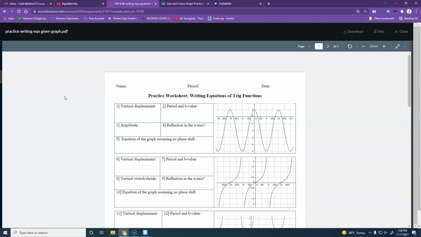I really don't know. It's still confusing to me. Wait, that maximum right there, how far is that out? So think about what you've got right there.